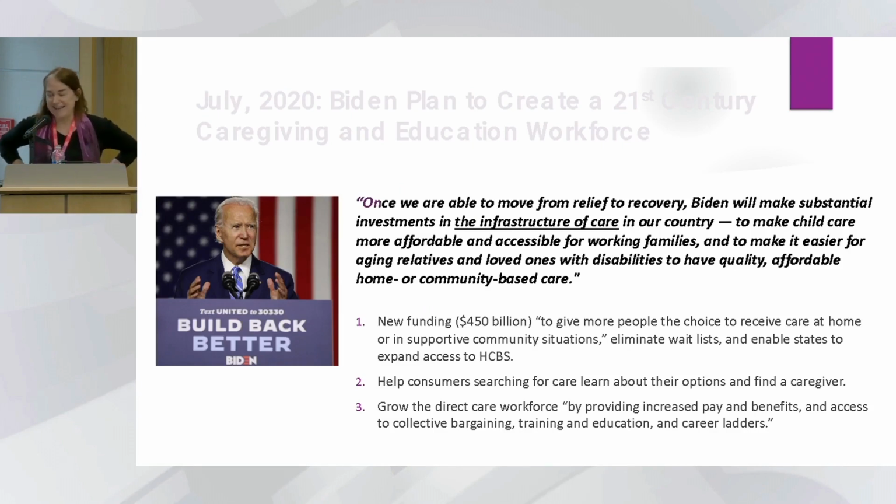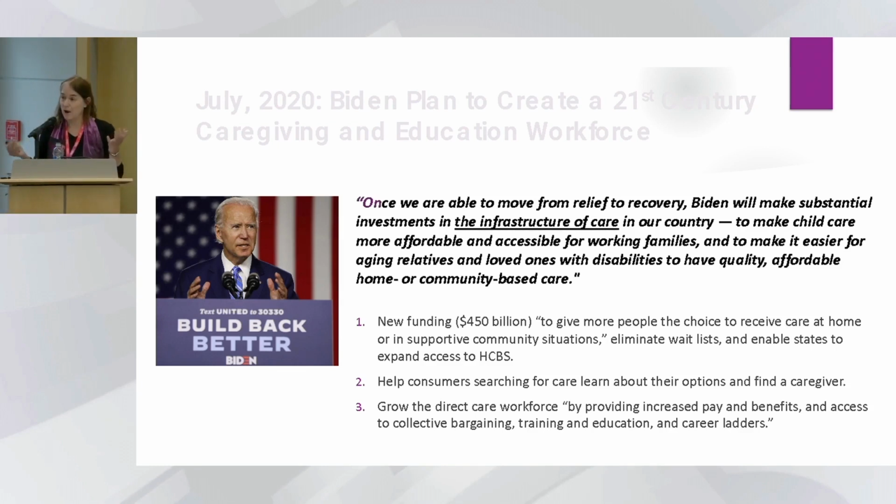These three elements are the type of infrastructure that President Biden proposed back when he was still a candidate. And I think he's probably the first presidential candidate that actually used care and infrastructure in the same sentence, and defined it in this broad way.